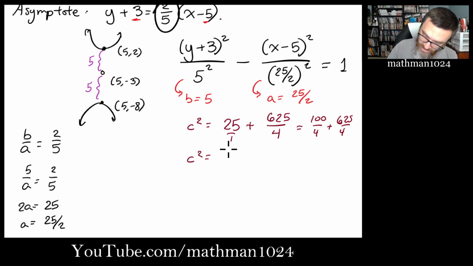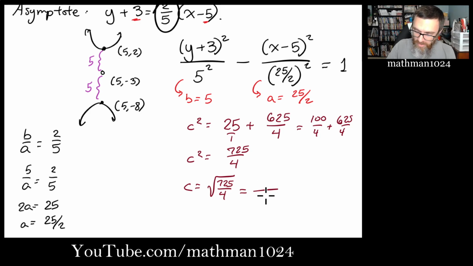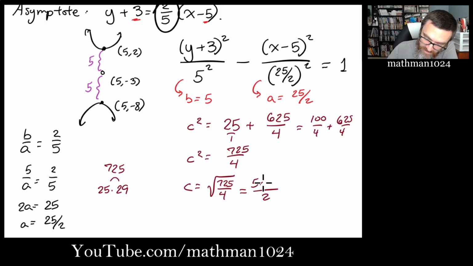So c squared is 725 over 4. c is going to be the square root of 725 over 4. All right, so the denominator is clearly going to be 2. Square root of 4 is 2. Square root of 725: 725 breaks down as 25 times 29. So this gives me 5 square roots of 29.